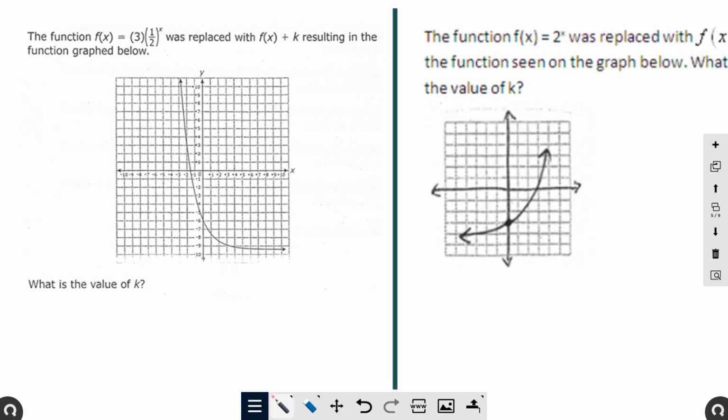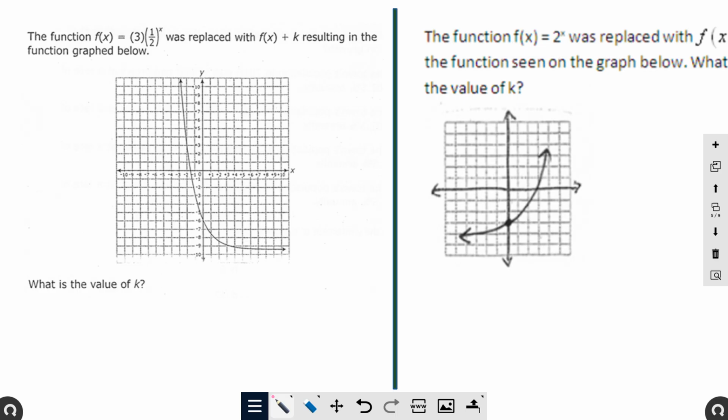Okay, so here our first problem says that we have the function 3 times 1/2 to the x, and it is replaced with f of x plus k. So what it's telling us is that we have some kind of translation here of going up or down. Because if you notice, this function should cross the graph where?